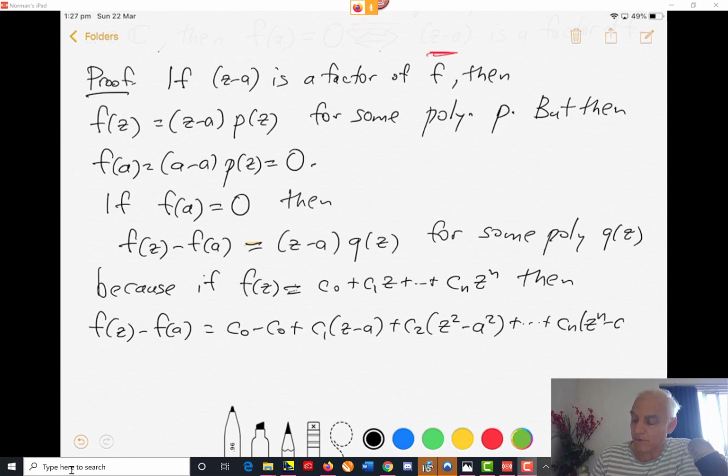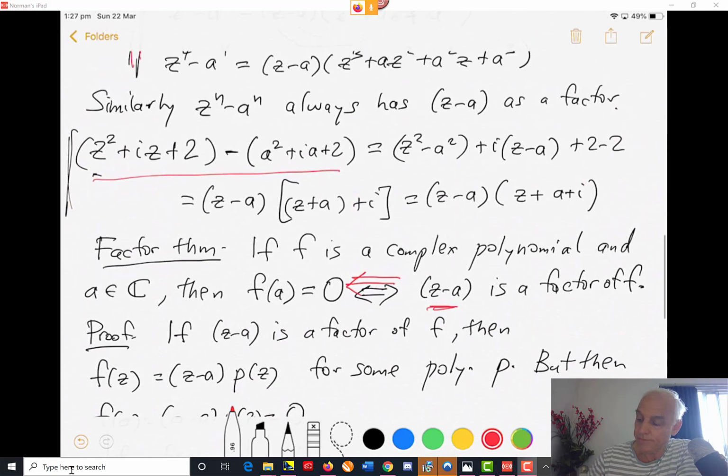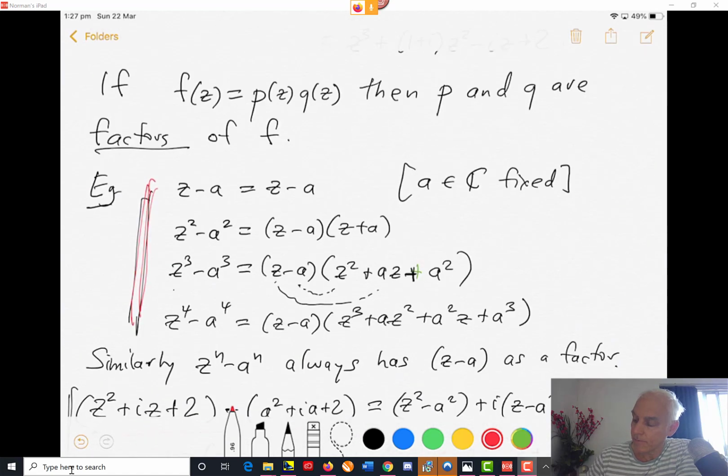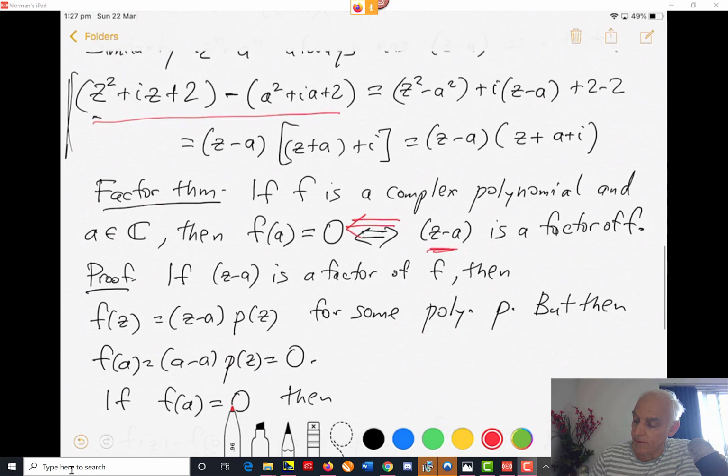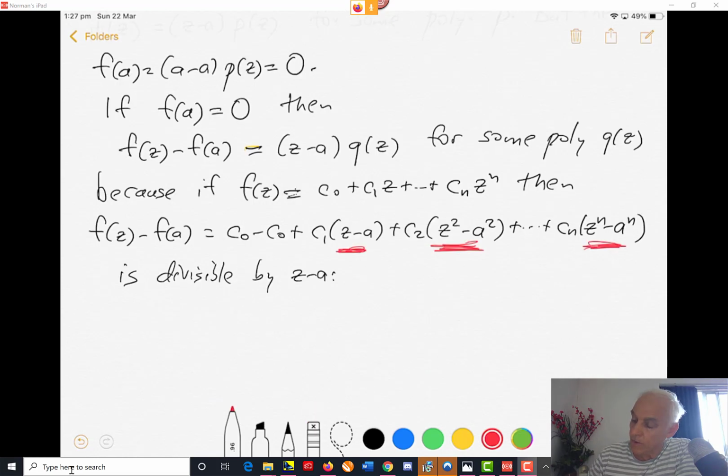Okay, so we're taking just the difference of f of z, and the same thing when you plug a in. So we're going to get all these terms here. This is going to be 0. And all these terms here are all divisible by z minus a, exactly because of these identities that we've already established. So this is divisible by z minus a. All of them are divisible by z minus a, even up to there.